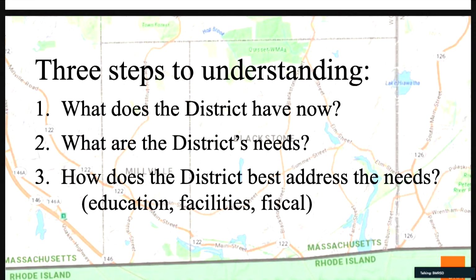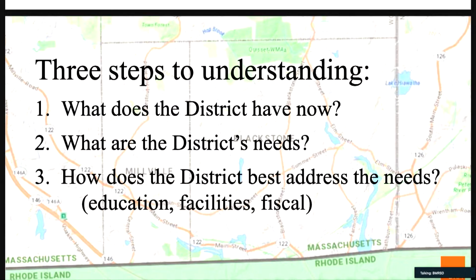So facilities, curriculum, and students. Then what are the district's needs? So we look at what you own, what condition it's in, how big it is, how it fits for what you're doing, where you're going demographically and enrollment-wise, and where you're going curriculum-wise as things evolve. And then the last part was, how do you best address any identified needs?